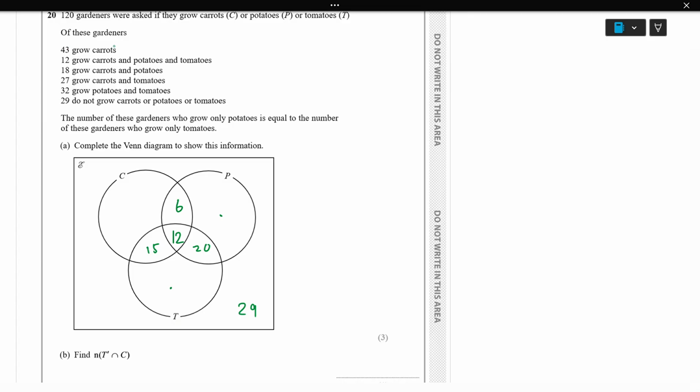So 43 grow carrots, so this entire thing is 43. So 43 minus 15 plus 12 plus 6, which is 33. So 43 minus 33 equals 10.